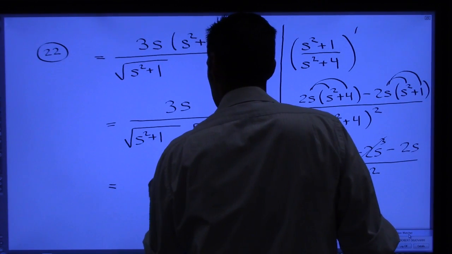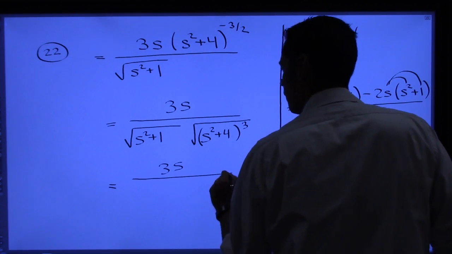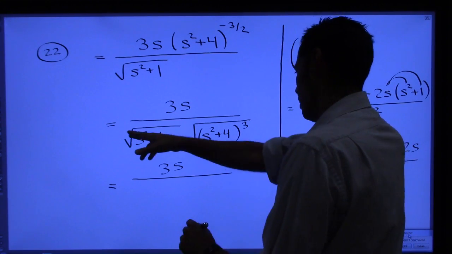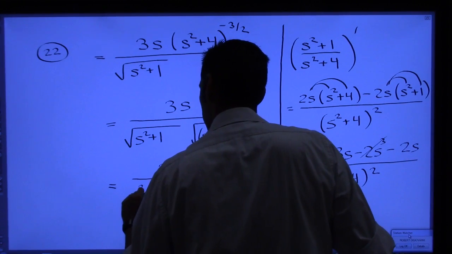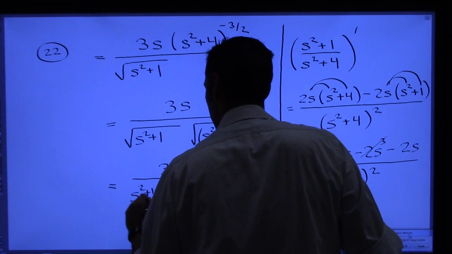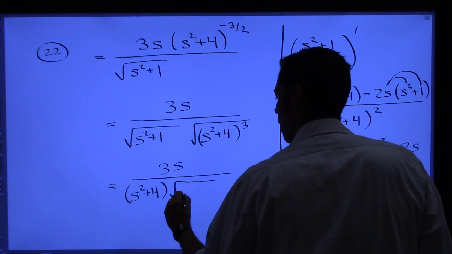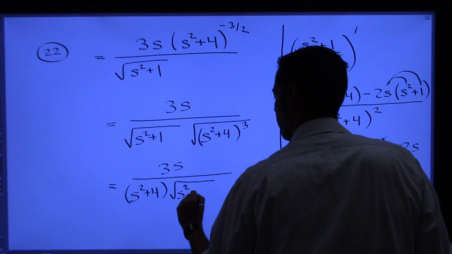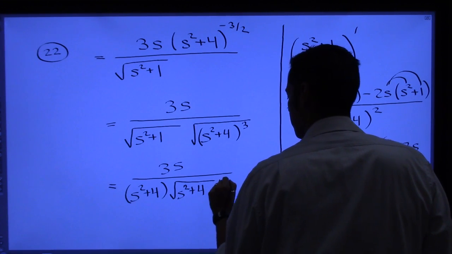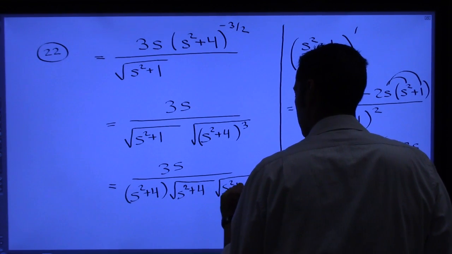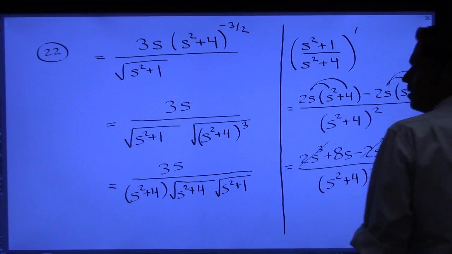I should have 3s over, I'm going to go ahead and pop that thing out and put it out front. S squared plus 4 in parentheses. And then I'll do root of s squared plus 4, and then the other root, s squared plus 1. Something like that.